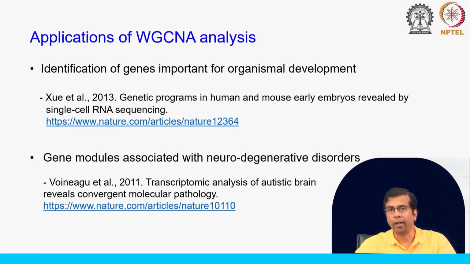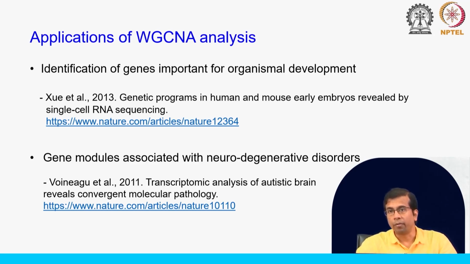So, this is a wide variety of applications that is possible with WGCNA. I have just mentioned only a few, but there are now many publications that use this technique, very widely used to understand regulation and modules, which finally leads to identification of hub genes.